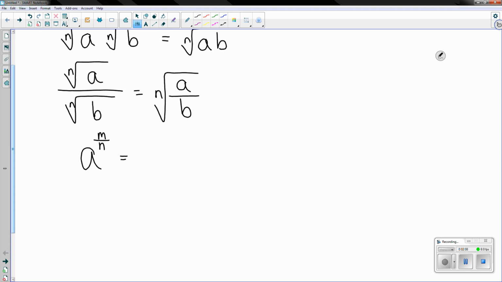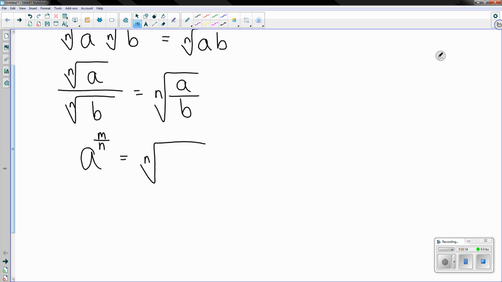And the index of the radical that is present when we see a rational exponent is equivalent to the denominator of that rational value. So when I say A to the m over n, that means I am working with an nth root. So if you saw denominator 2, you have a square root. Denominator 3, cube root. Denominator 4, fourth root, and so on and so forth.